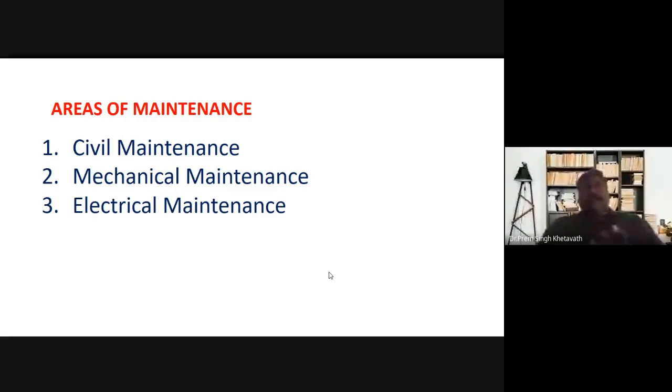Electrical maintenance is purely regarding transformers, house wiring, and all the electrical connections and service wires, because the machines run on electricity. So maintenance covers three areas: civil, mechanical, and electrical.